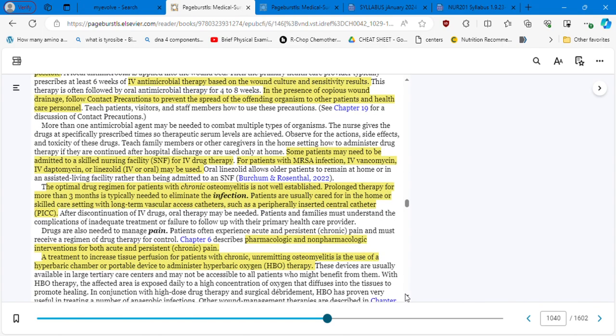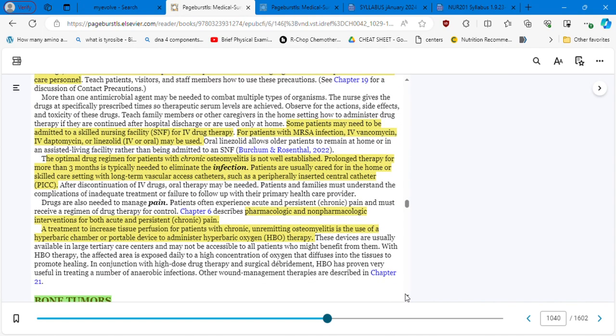The optimal drug regimen for patients with chronic osteomyelitis is not well established. Prolonged therapy for more than 3 months is typically needed to eliminate the infection. Patients are usually cared for in the home or skilled care setting with long-term vascular access catheter, such as a peripherally inserted central catheter.